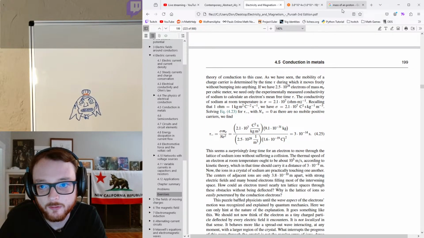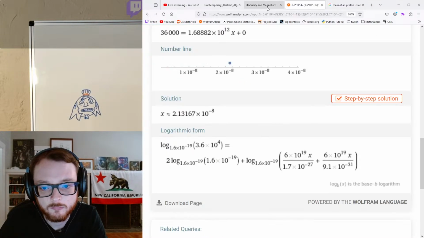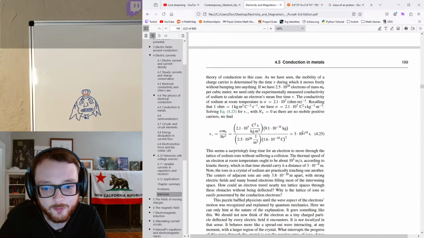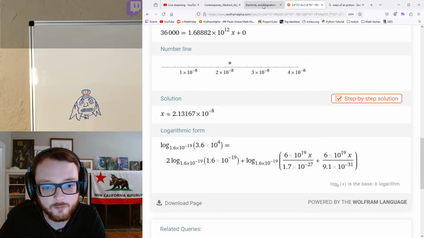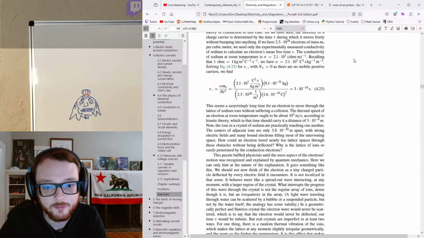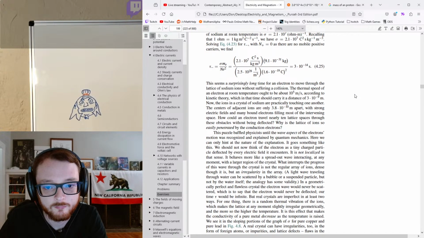Oh, that's 10 to the minus 8, 10 to the minus 14, never mind. Wait, so this is even longer, what I'm getting. If I even did this right. No, yeah, it is longer. By 6 orders of magnitude? That seems weird.